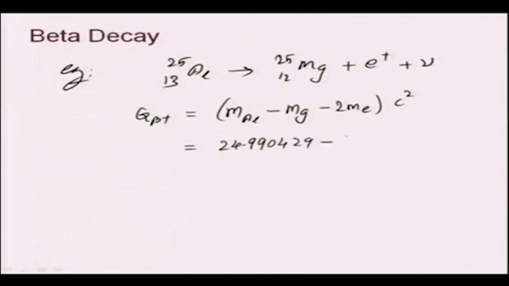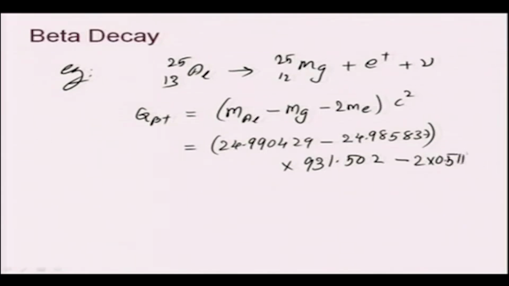This is equal to 24.990429 minus 24.985837, these two masses, into the factor to convert it into MeV, which is 931.502, minus twice 0.511, which is the electron mass in MeV.